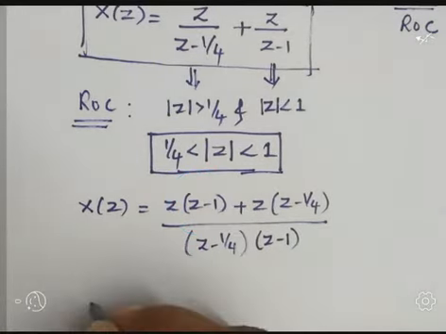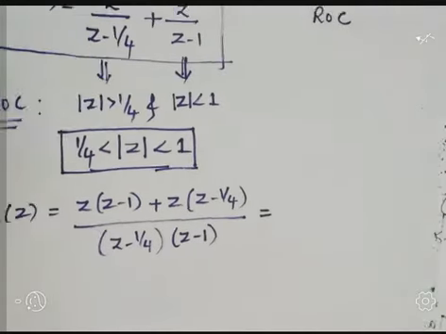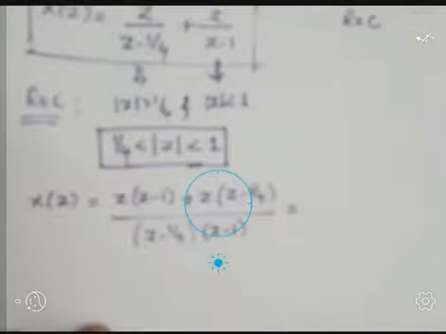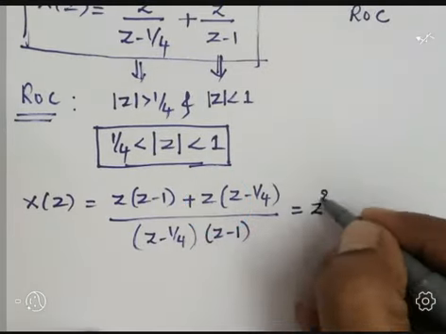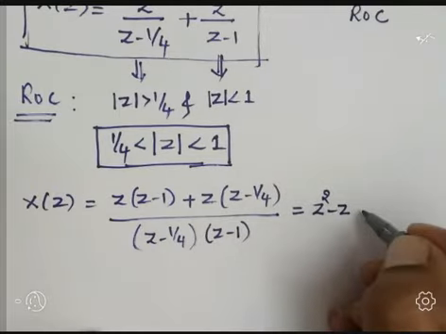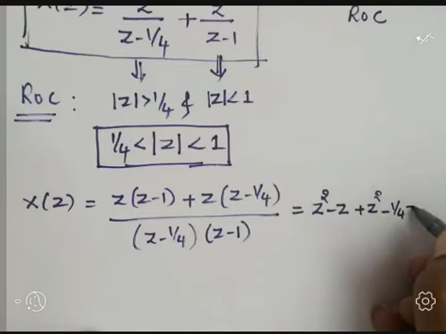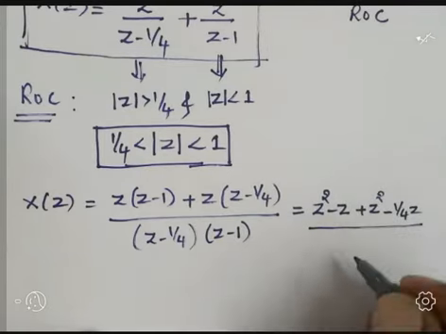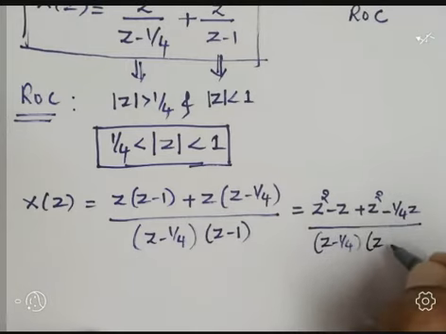So further step is, here I will write Z into Z square minus Z plus Z square minus 1 by 4 Z, divided by Z minus 1 by 4 into Z minus 1.